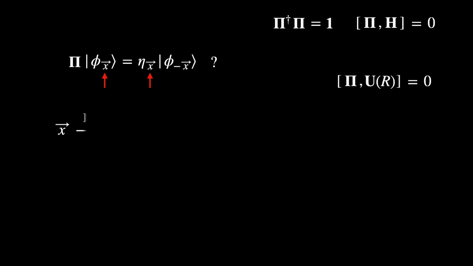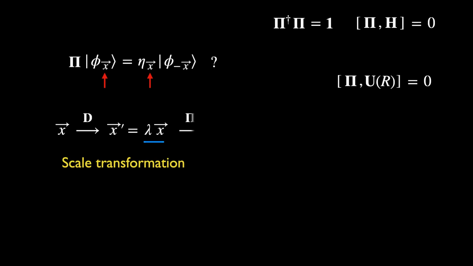What about the scale transformation D, in which a spatial vector like X is multiplied by a scale factor lambda? It is easy to see that this too commutes with parity.